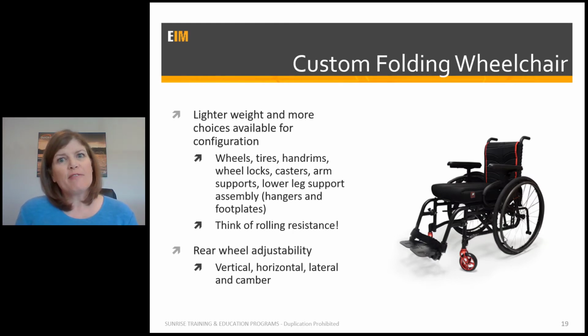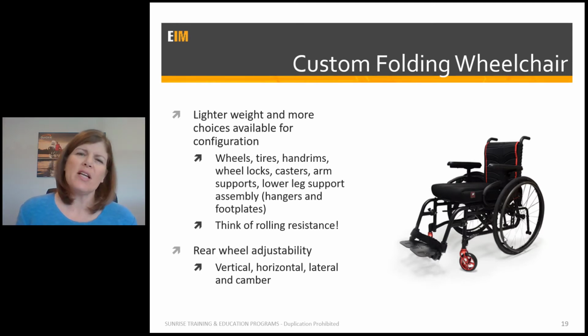The frames themselves are much lighter in weight than the standard wheelchair. In addition, we have a lot more options when we're looking at the rear wheels, the tires, the hand rims, all of these factors that go into an order form. In fact, there can be so many choices that you might have an order form that's 10 pages long because you can really custom configure the wheelchair to the needs of the individual client.